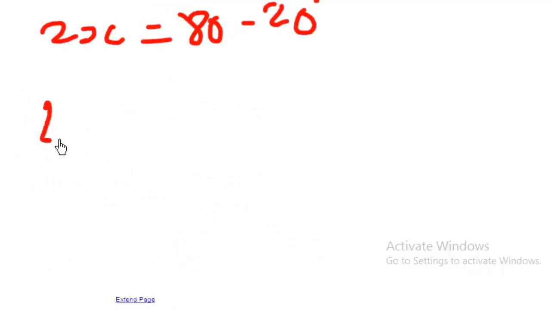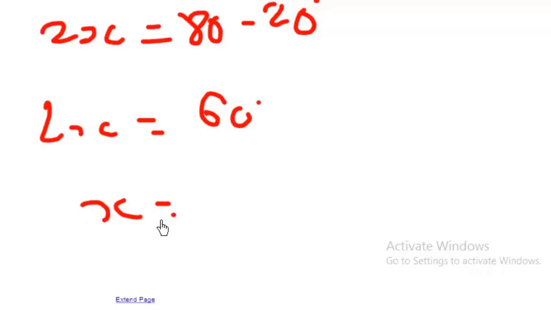So my 2x will now be equal to 60 degrees. So my x will be equal to 30 degrees. Good. So that is how we use the property of vertically opposite angles.